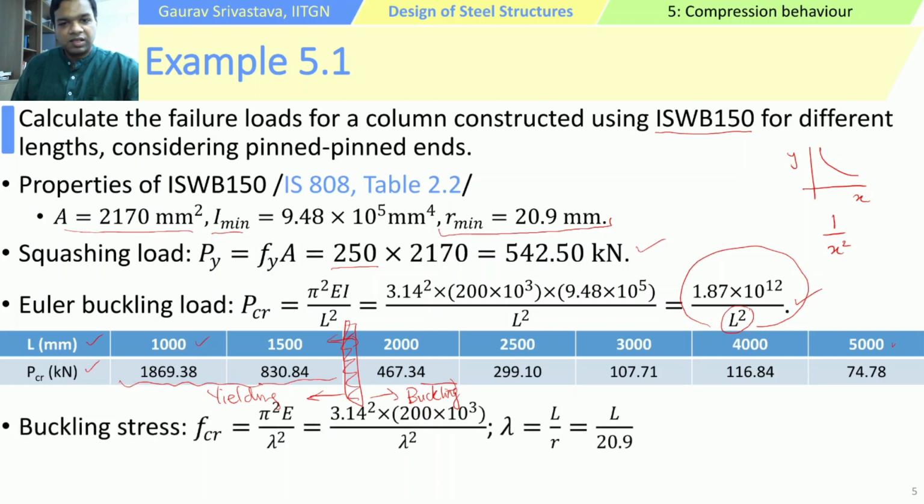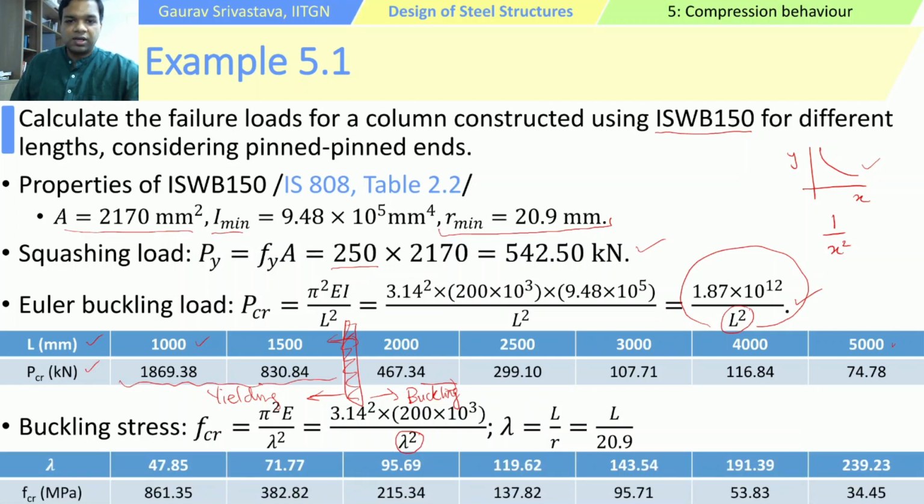We can also calculate the buckling stress, right? Again, by the similar type of approach. And now this again is in terms of lambda squared. So the expected shape of the behavior is again going to be 1 by x squared type. So now we can calculate it in terms of lambda. So this first row is showing the values of lambda for different values of lengths. So for 1 meter, the lambda is 47. For 5 meters, the lambda is 239.